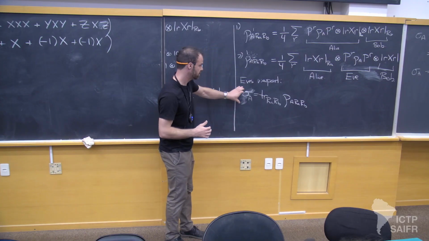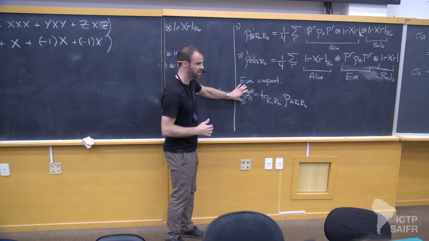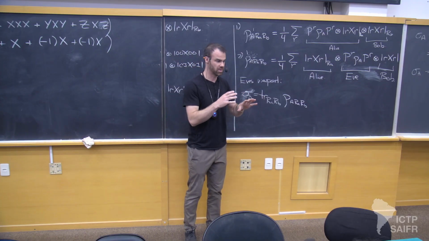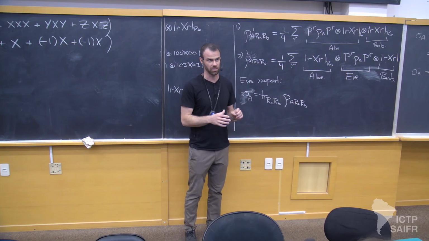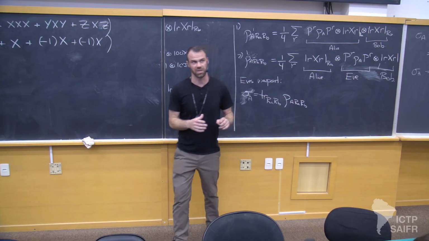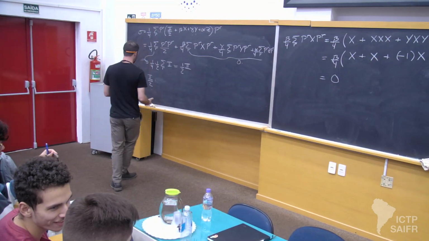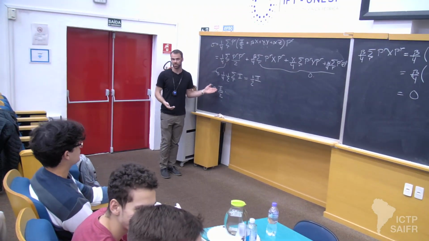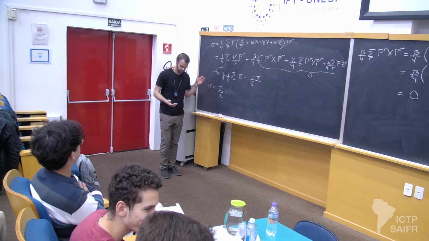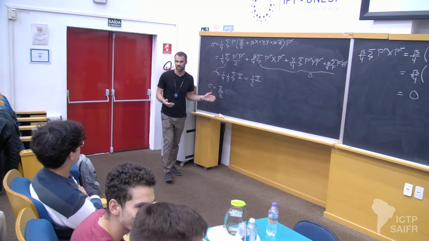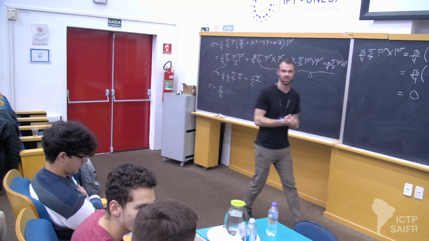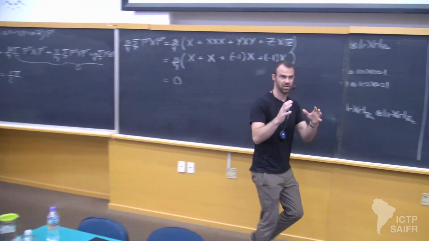So this object completely captures the outcome of any measurement that Eve can make. And the outcome of any measurement that Eve can make had nothing to do with Alice's message, and therefore it's secure. Did that make sense?